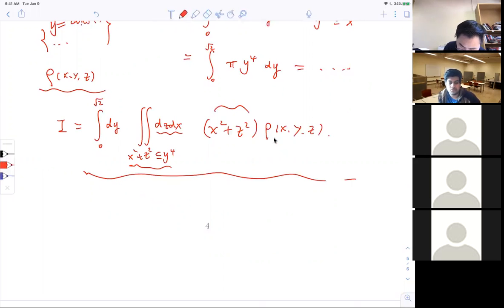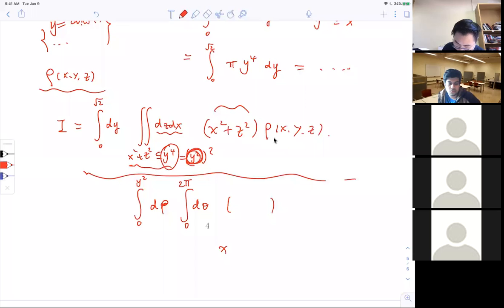If we use the cylindrical coordinate, in this case your r, or rho, whatever variable you want to use, is from 0 to y squared, because the maximum radius in this case is y squared, and the direction, of course, is 0 to 2 pi for theta.